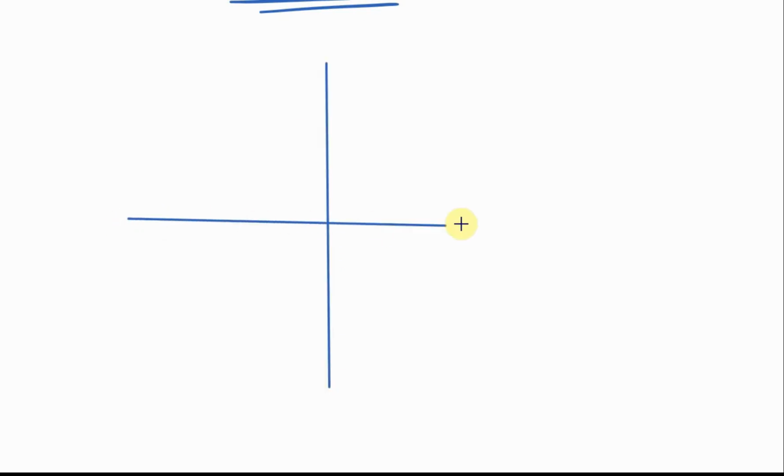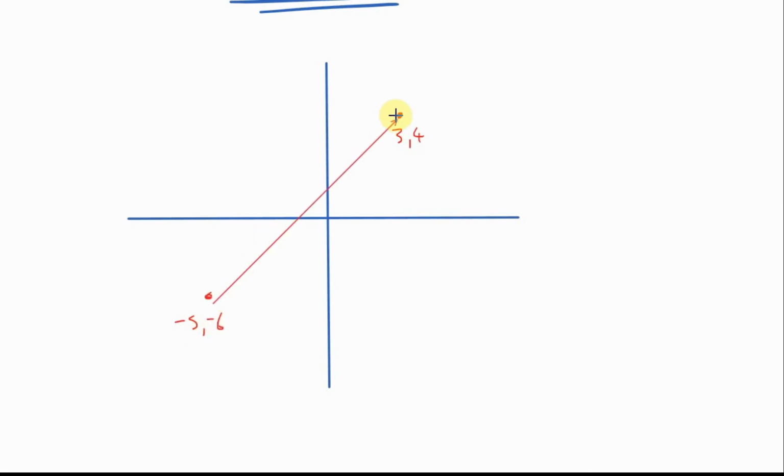If I was to draw a point, let's call that 3, 4. And then down here, I've got -5, -6. A typical question could ask, what is the distance between these 2 points?